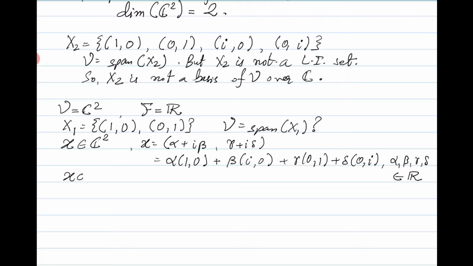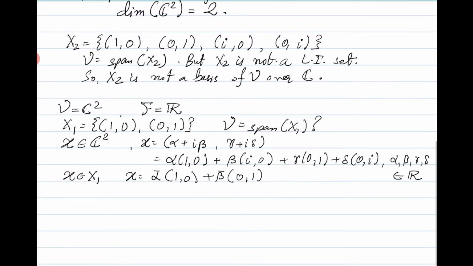For x belonging to the span of x1, again I have to take the scalars from the field. x will be some alpha bar (1, 0) plus beta bar (0, 1) with alpha bar, beta bar belonging to the reals.